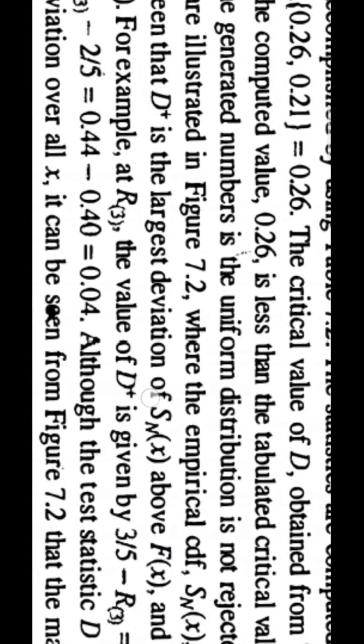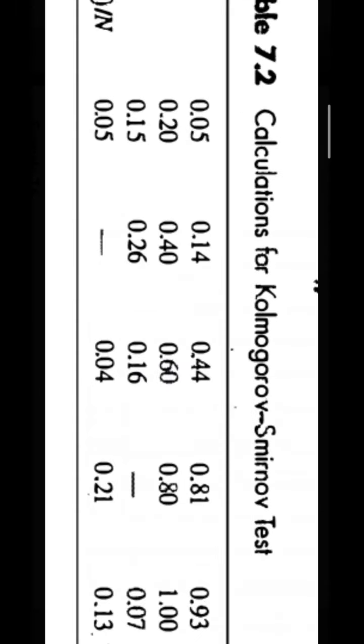For example, at R3, the value of D plus is given as 0.16 as per the calculation. Just look at that. This is D plus at R3, 0.16. Please observe the value and refer to the statement carefully.